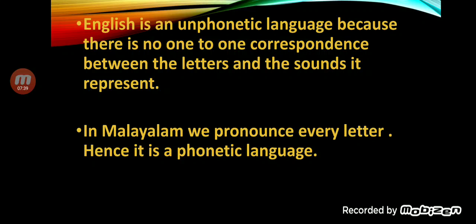T-S-U-N-A-M-I. So that is a problem. In English, we don't pronounce every letter that is written sometimes. And sometimes same letter is pronounced in different ways in different words. So that is why it is unphonetic language. So that is a problem why the learners of English language, especially the beginners, find it difficult to study that language because of this unphonetic nature of English language.